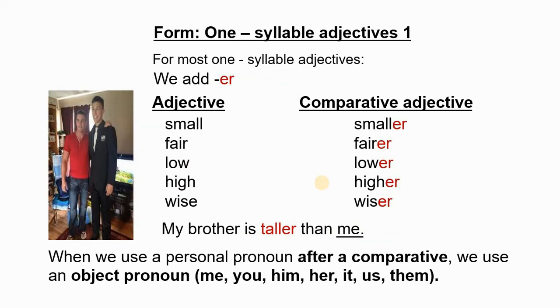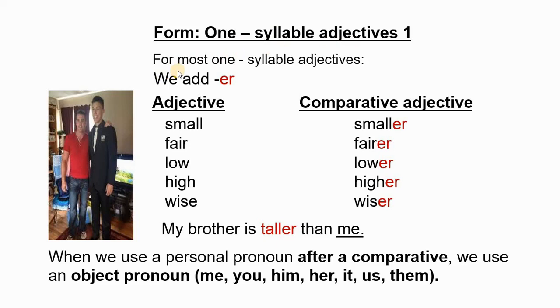So now, let's look at the spelling and the rules for the form, because sometimes we have more than one word. So first of all, the rules for form: one syllable adjectives.